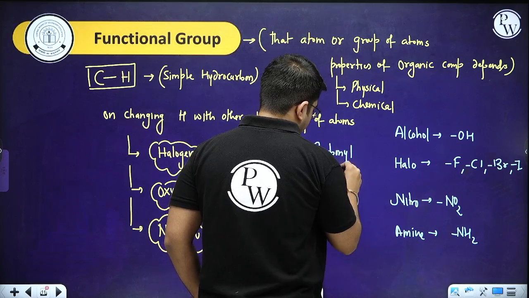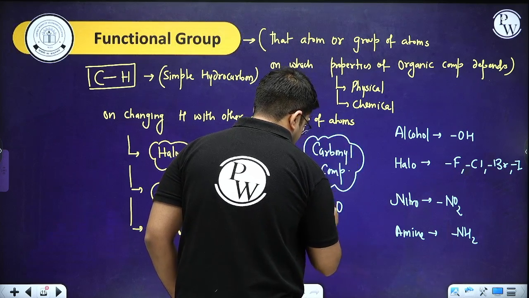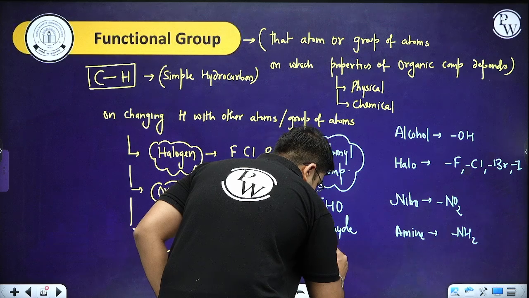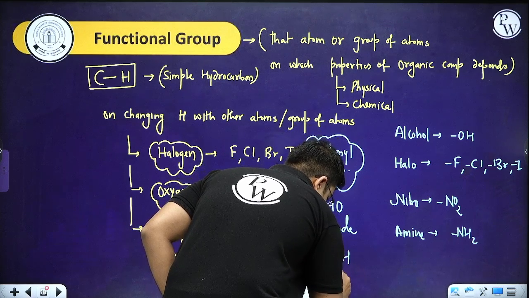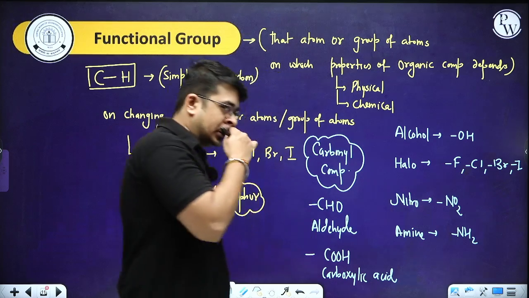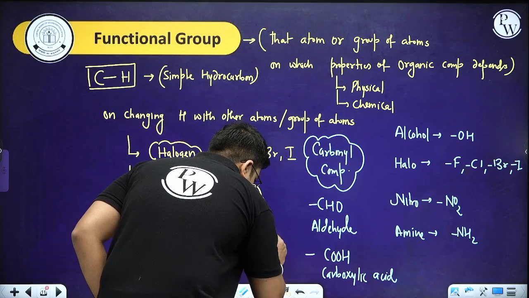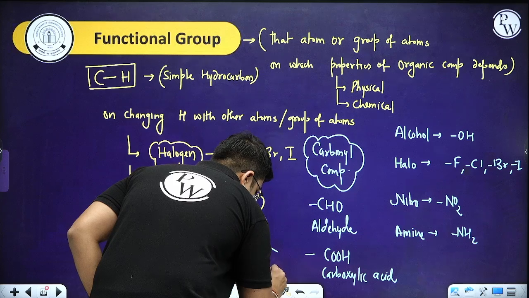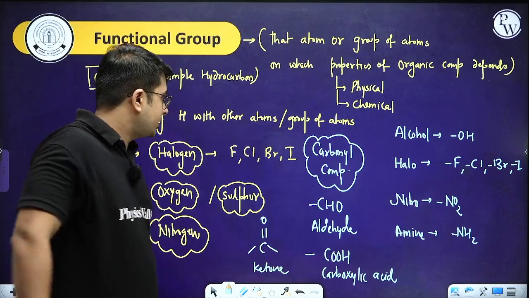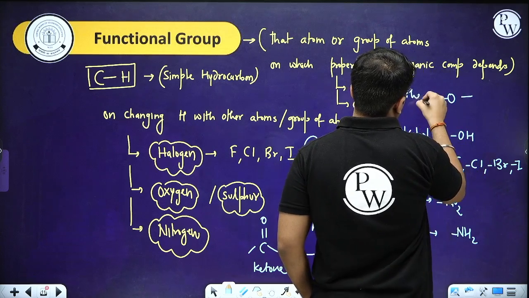And there is one category which is known as carbonyl compounds. In case of carbonyl compounds, you can have CHO, which is known as aldehyde. You have COOH, which is known as carboxylic acid. You can have ketone, C double bond O. You have oxygen, which is known as ether.